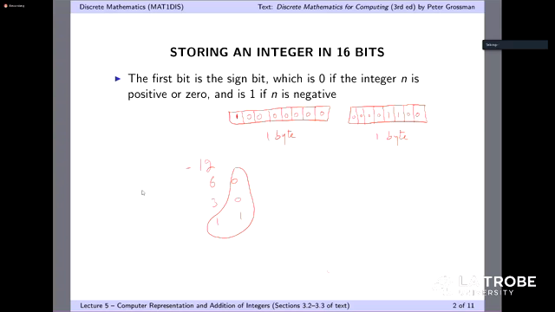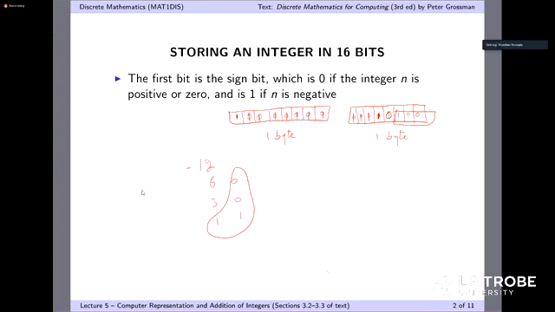That means keep the rightmost zeros and 1 as it is, don't change them, and then flip the rest. By flipping the rest, this will convert to 0, that converts to 1, 1, 1, 1, 1, 1, 1, 1, 1, 1, 1. That is your negative 12 stored there.